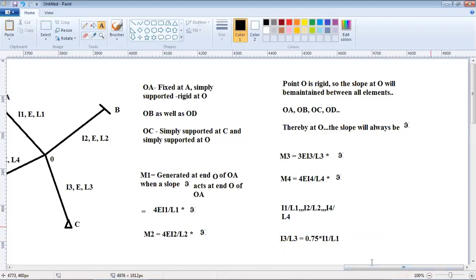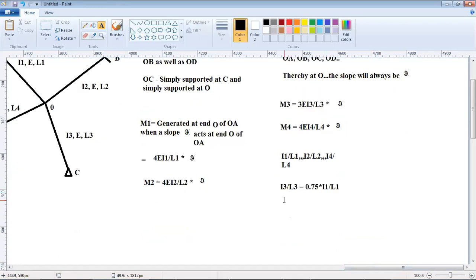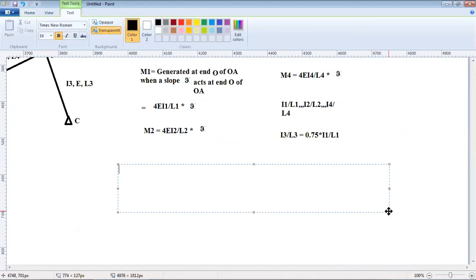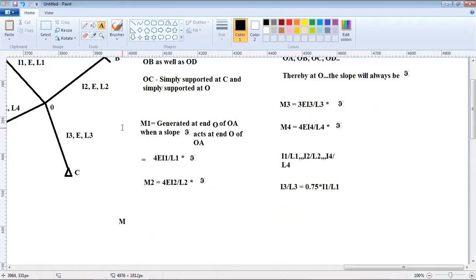So we can say that it's 3 by 4 times the other ratios. Thereby, if we take the ratio of all of these, now we have four equations. Above we saw four equations.